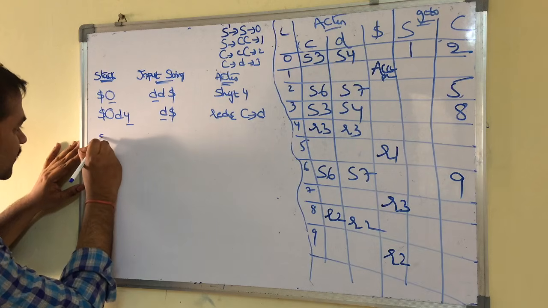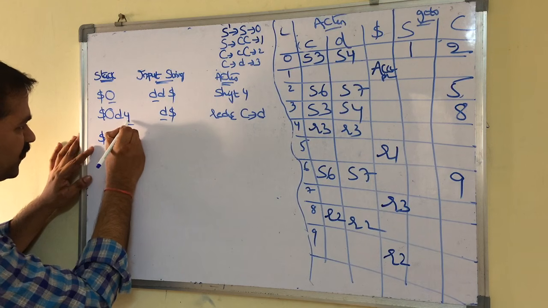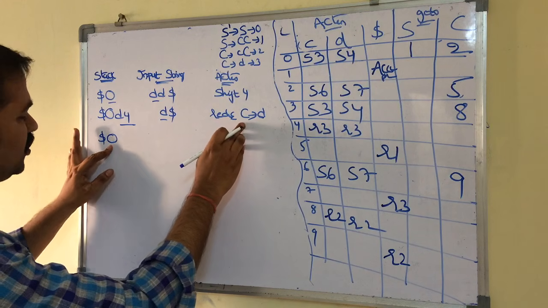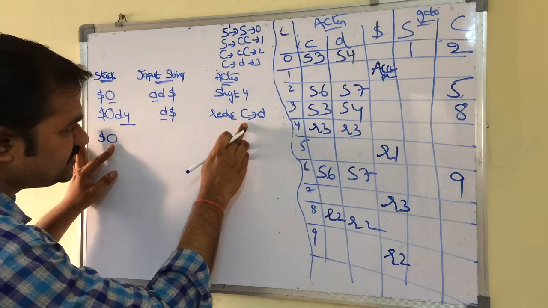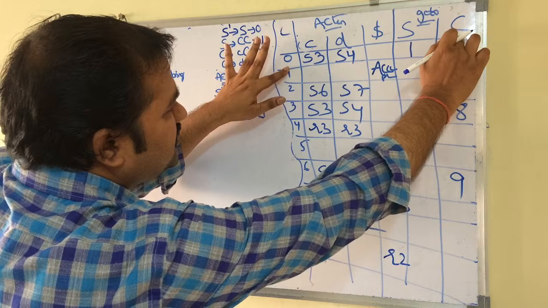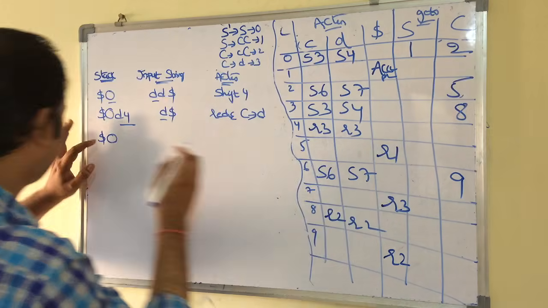So we have to pop 4 as well as D. If you pop 4 and D, then the stack's topmost symbol is 0. The left hand side non-terminal is C. So 0 on C means C2. First we shift the symbol C, next the state number.